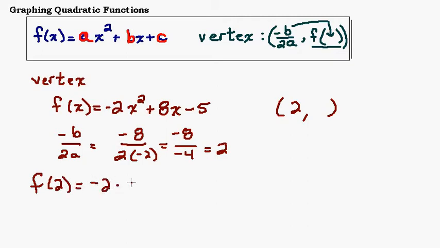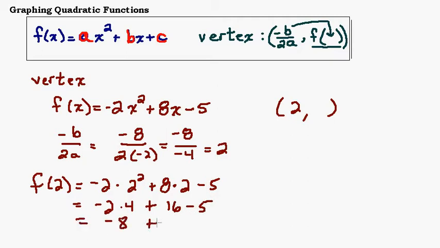So negative 2 times 2 squared plus 8 times 2 minus 5 gives me negative 2 times 4 plus 16 minus 5, which is negative 8 plus 16 minus 5, which is 8. Take away 5 is 3. So my vertex is at 2, 3.